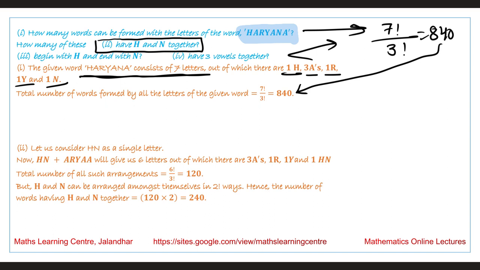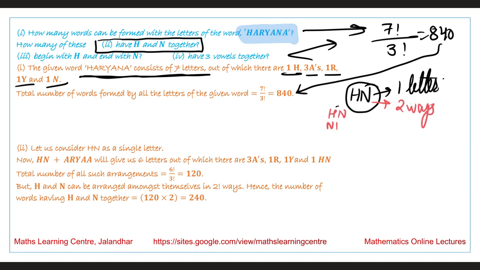When H and N are together, we consider them as one letter, and these can be arranged in two ways. Either they can be in the form HN or in the form NH. If we consider this N and H as one letter, how many letters are left?